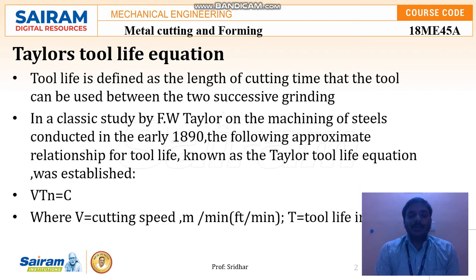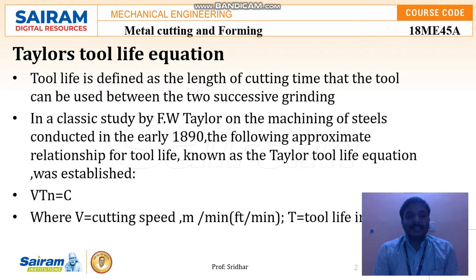Based on the cutting time for the tool between each grinding process, the tool life can be defined. So this many hours or this much machining can be done with this tool, and we can calculate it from two successive grindings. This is how Taylor's tool equation has been classified.